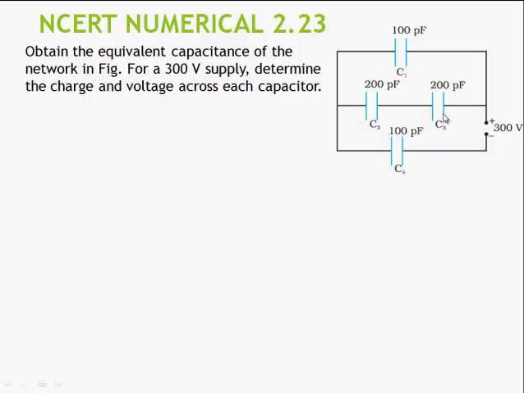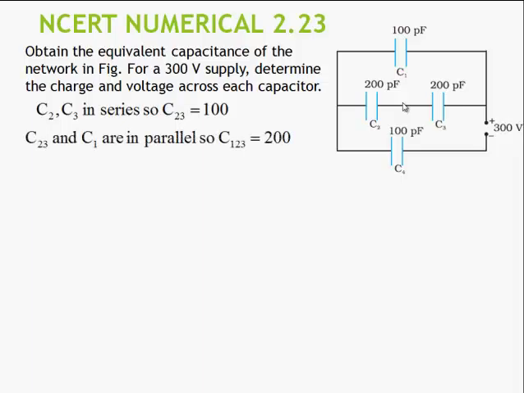Now you should see over here, the important part is these two are in series. So the net resultant is (1/200 + 1/200) inverse, that is 100 picofarad. I'm not writing picofarad, it's all in picofarads. Now, this combination of these two and this are in parallel, but this is not in parallel because of this wire.